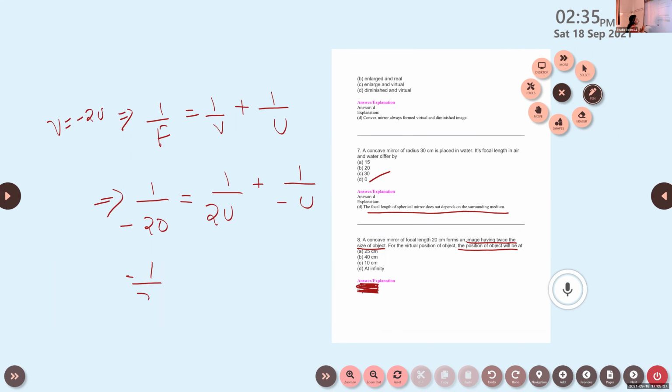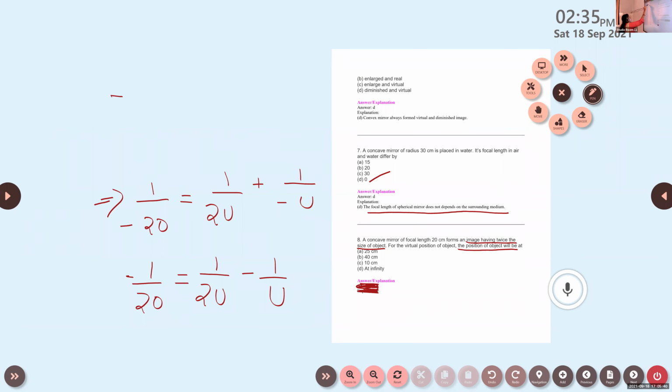So minus 1 by 20 is equal to 1 by 2u minus 1 by u. It becomes minus 1 by 20 is equal to u minus 2u divided by 2u square.